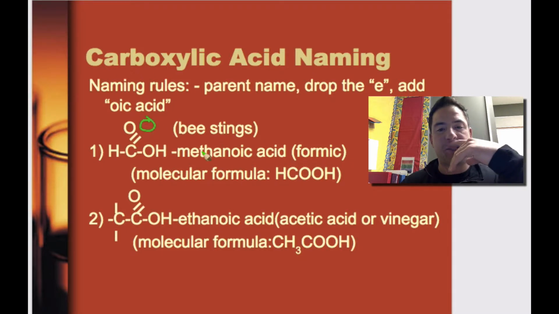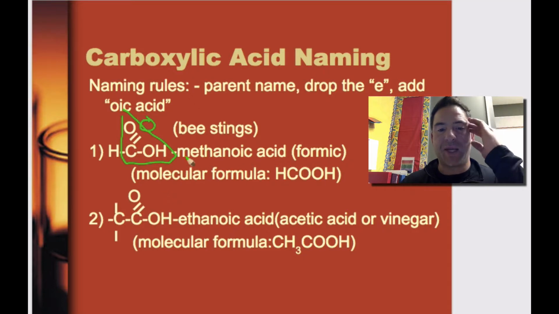This is the bee sting, okay, so it's formic acid. And so what happens is we have this carbon, double bond, oxygen, and the hydroxyl here, so our carbonyl up here. So that's 1, 2, 3, 4 bonds, but this is what we're looking for right here, okay?